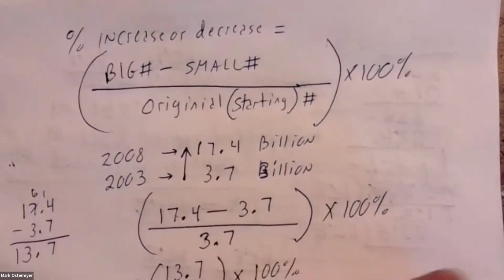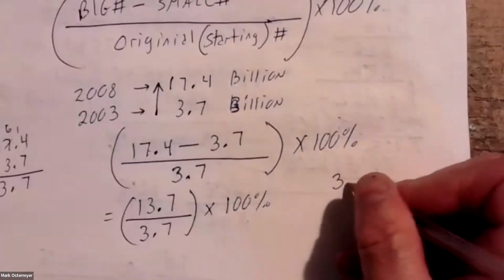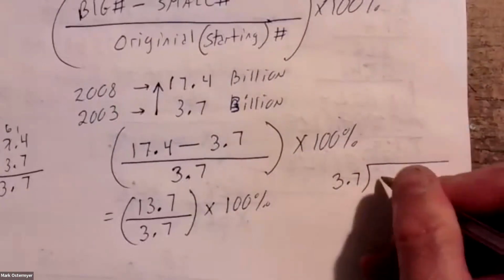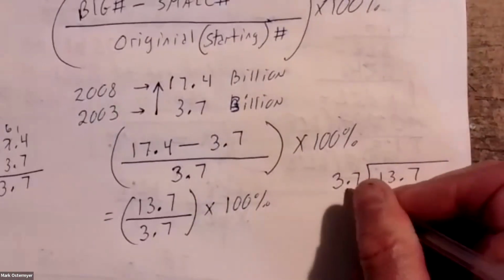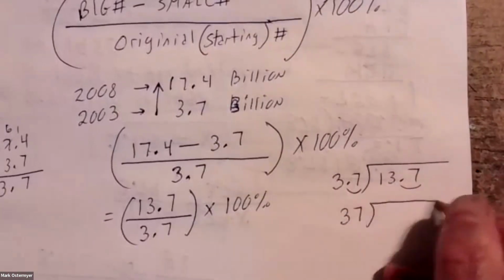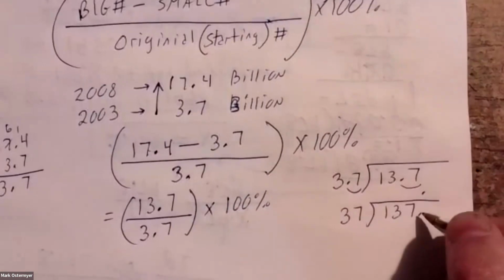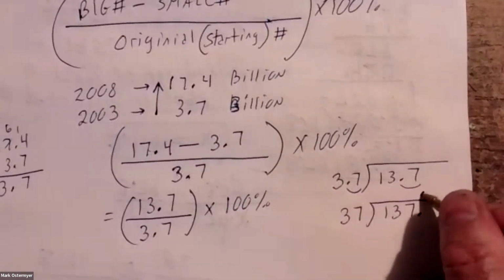We have to divide 3.7 into 13.7. Moving one decimal place in each is like dividing 37 into 137. How many times does 37 go into 137?